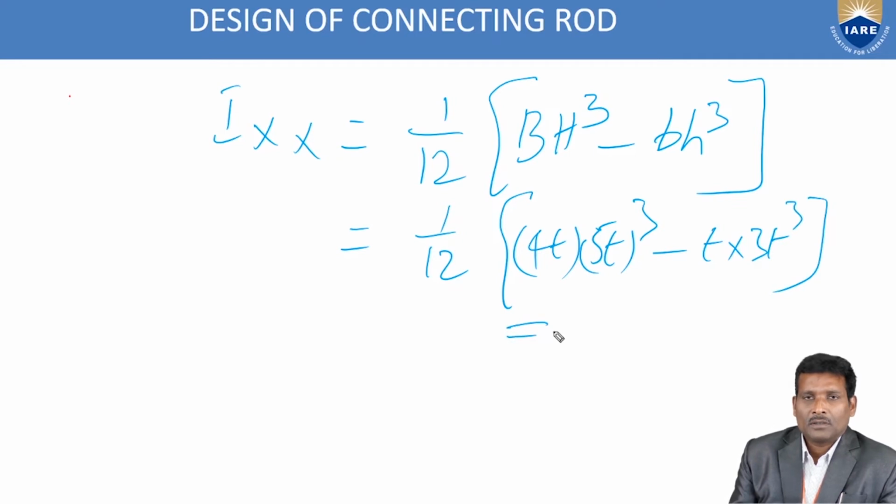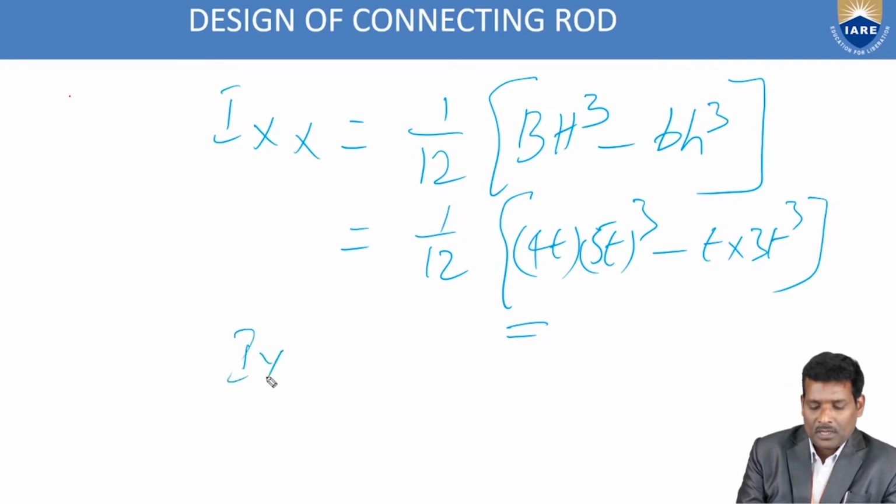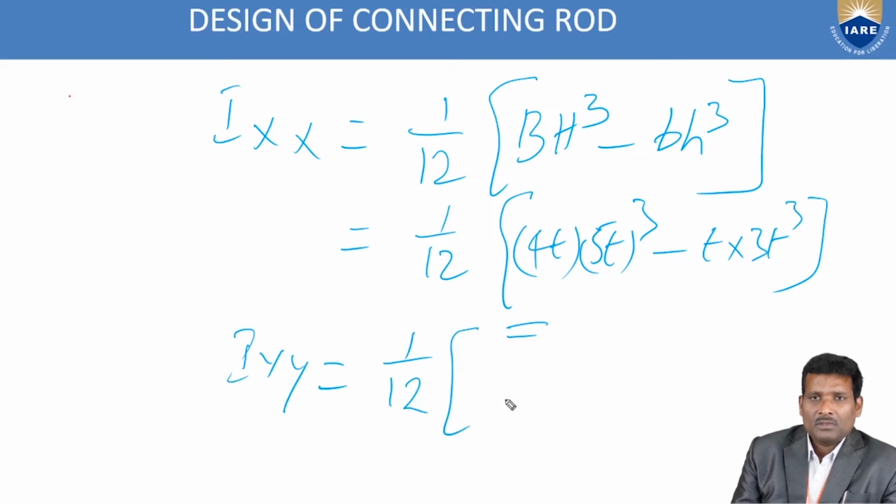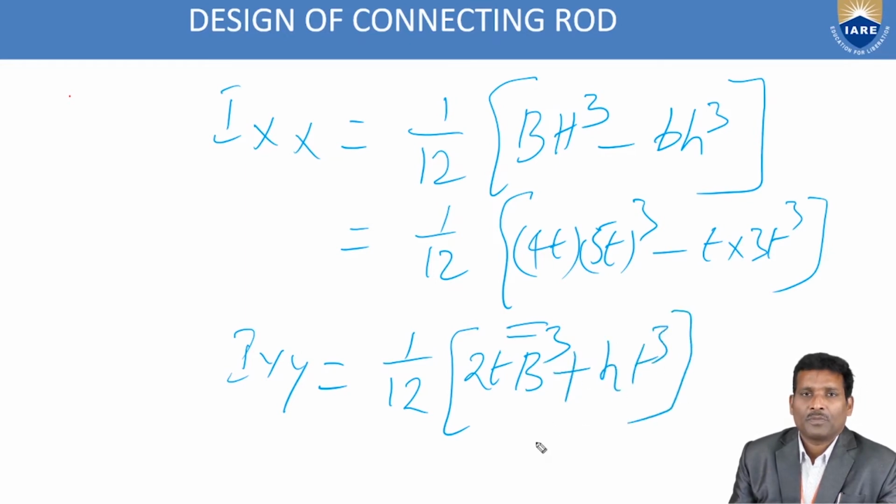You will get one value in terms of t. Similarly Iyy, according to the I section, is 1 by 12 into (2t B cube plus h t cube).